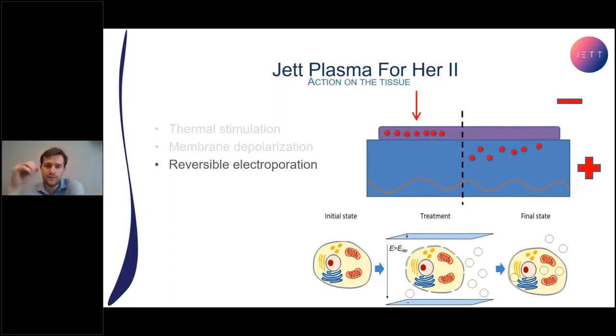Because of depolarization of the cytoplasmatic membrane, we allow to go into the cell not only ions that are on both sides of the membrane, but we also allow something that is called electroporation. So it allows electrically active molecules to go into the cell.